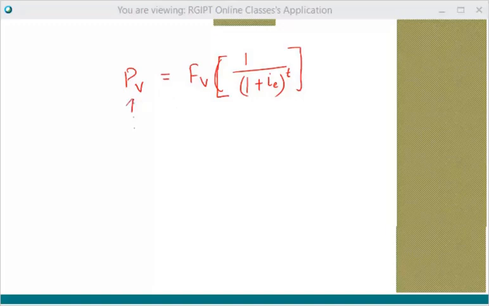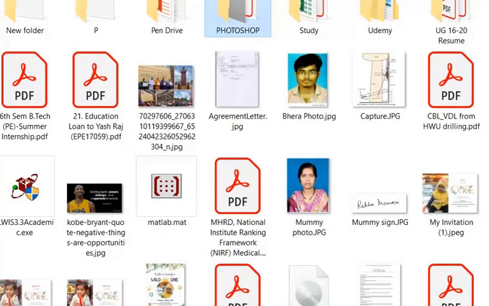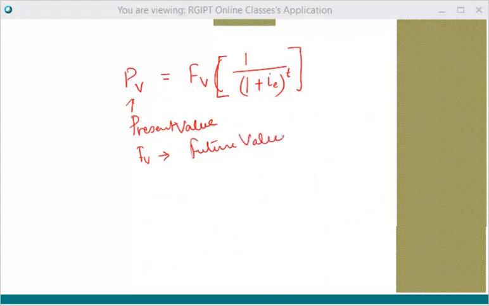So this is your present value, F is some future value, and t is for that term. That is how you calculate. It is so simple.